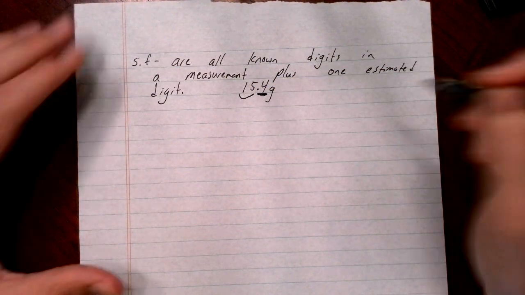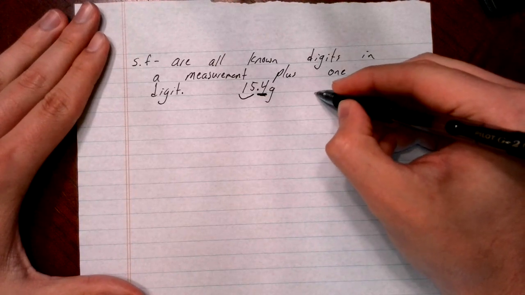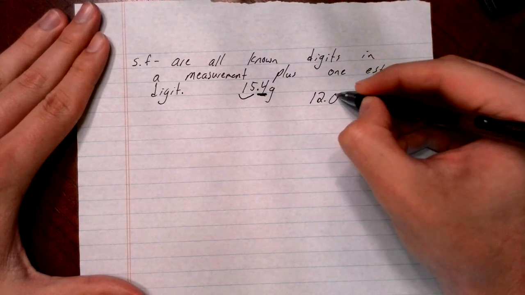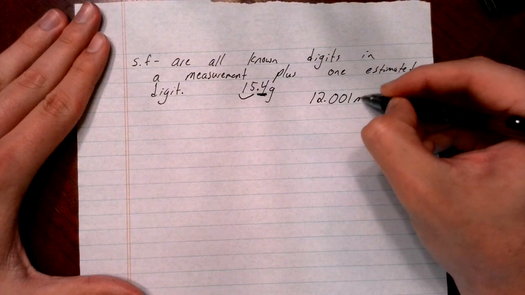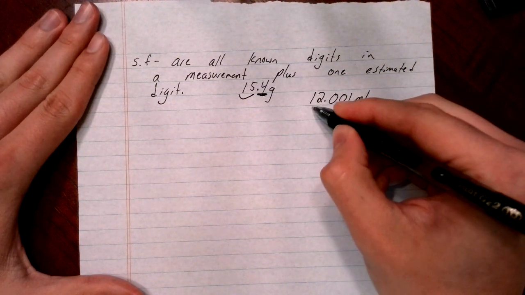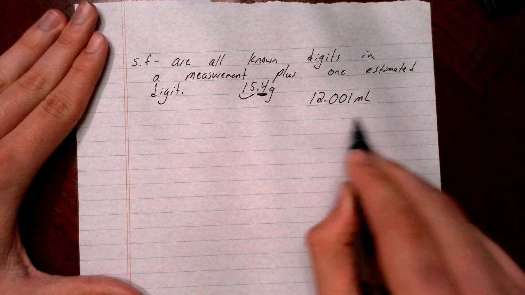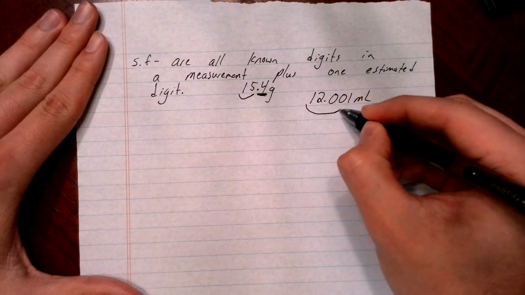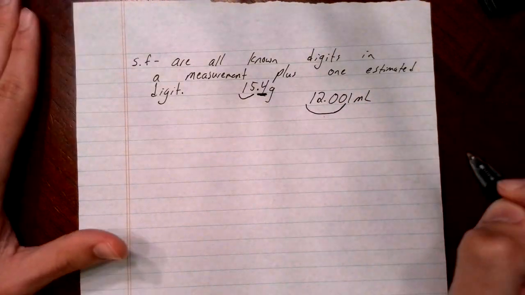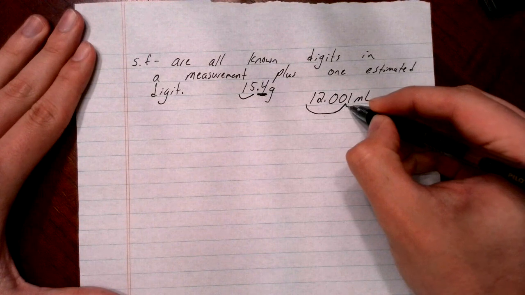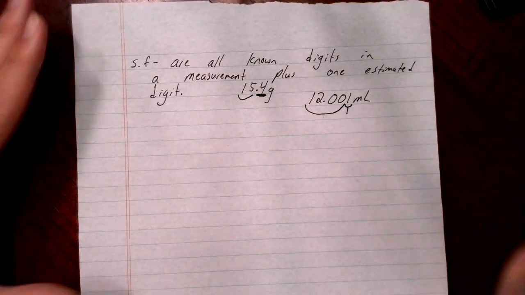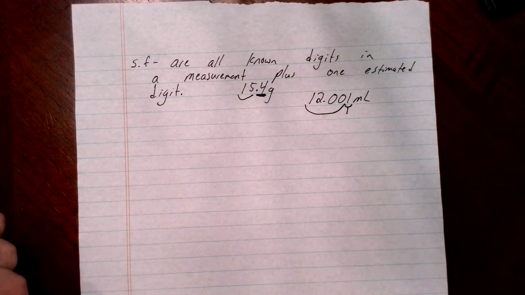I'm confident in that. Or I can have something like 12.001 milliliters. What this measurement tells us is that I'm confident about the 12.00, but I'm estimating the thousandths place right there.